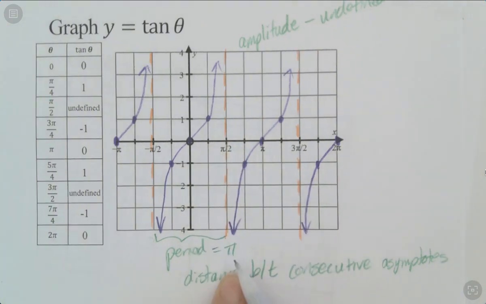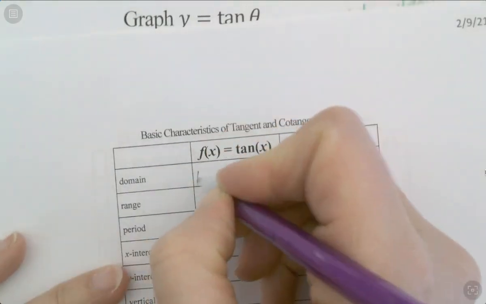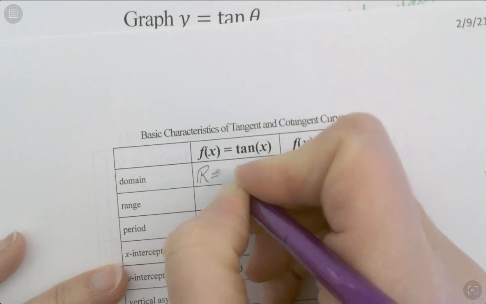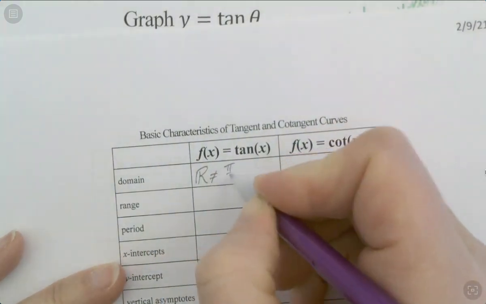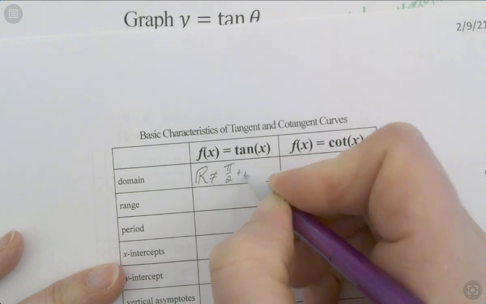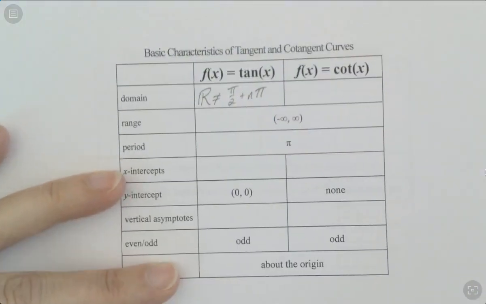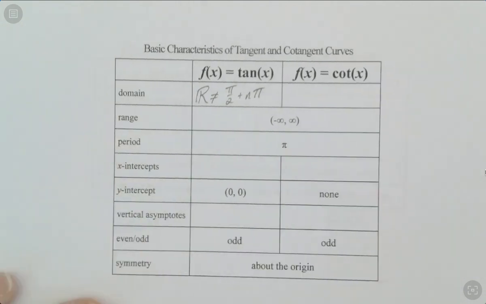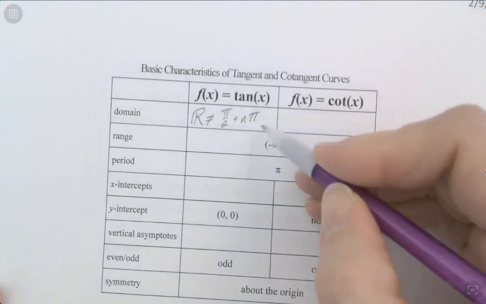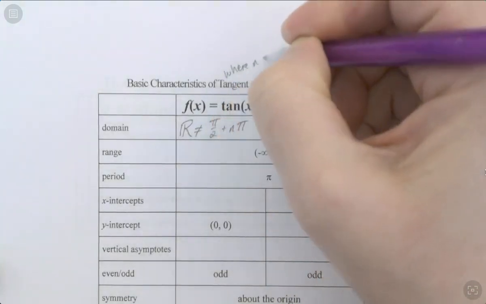Pi. So would it make sense to say that the domain is all real numbers not equal to pi over 2 plus n pi, where n is an integer? It's not always explicitly stated, but n is an integer.